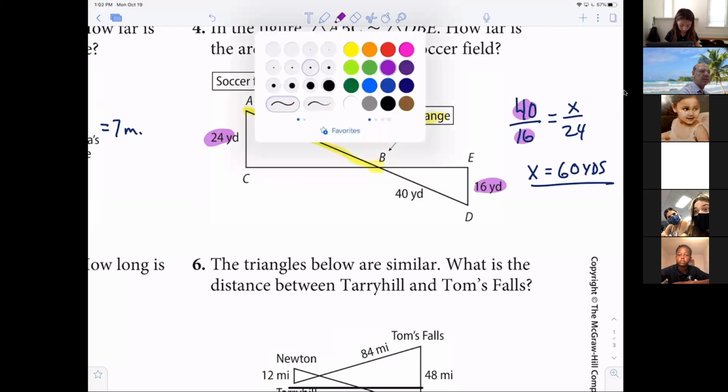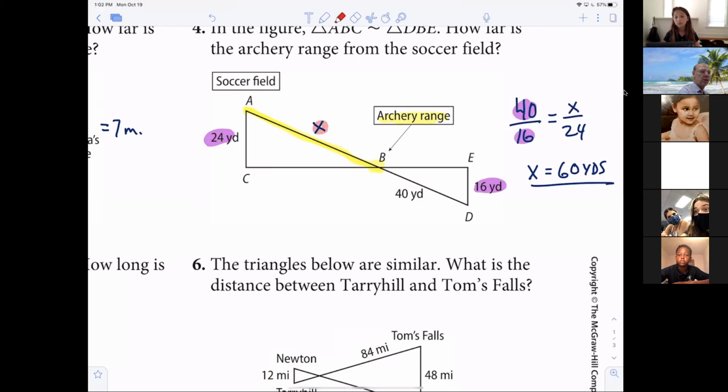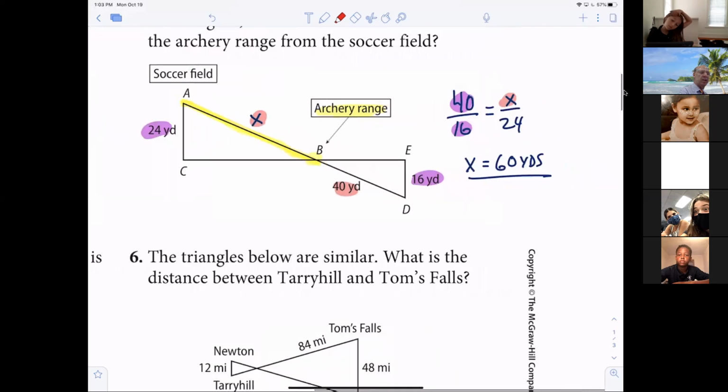And now X, which is part of the large triangle, goes here, and the small triangle, 40 over 16. Here's how she set it up. Let me write this again.